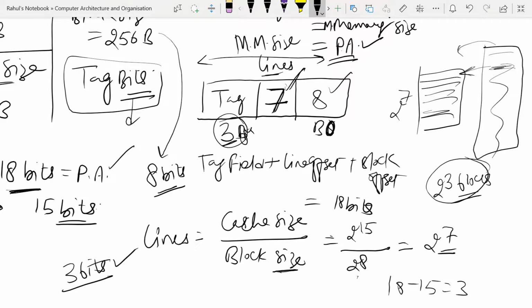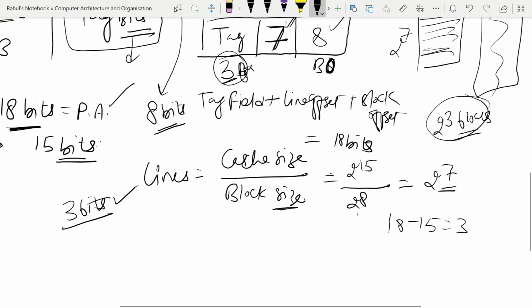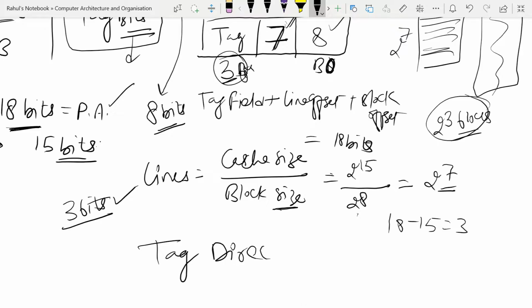And if I ask you further what the tag directory size is, how will you answer?